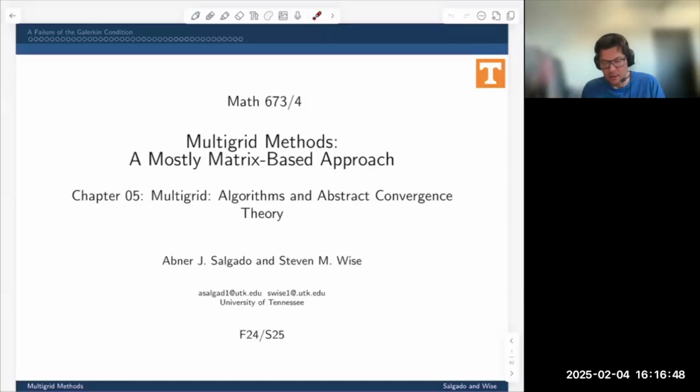Nothing has changed there. But if the Galerkin condition fails, all hope is not lost. You may still be able to recover convergence, but it may be a little bit harder to get. And 5.9 really hits home on that point. Convergence may still happen, but you may have to spend a lot more time and effort trying to prove convergence, as you'll see.